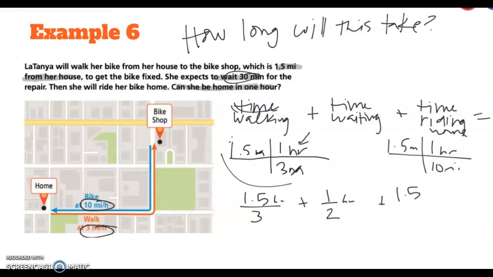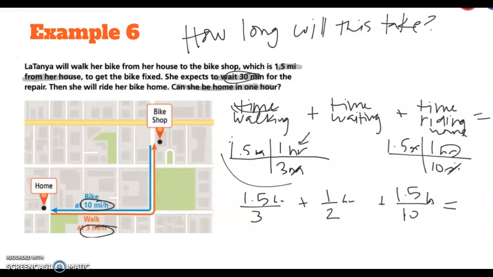And if you're wondering why am I putting the 10 down here and the 1 up there? It's because I want the miles to cancel. So in order for things to cancel, if the miles is in the numerator here, it has to be in the denominator so that miles will cancel out. So that gives me 1.5 divided by 10. And that will say how many hours. That's the unit that's left over here. And that should give me my total time.